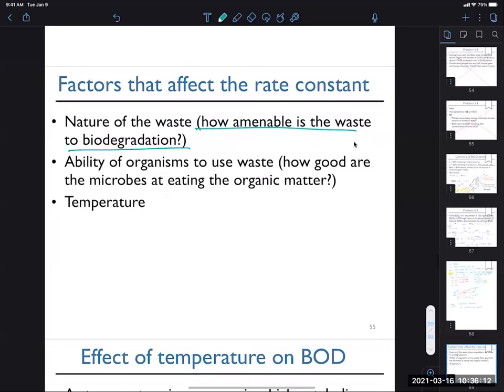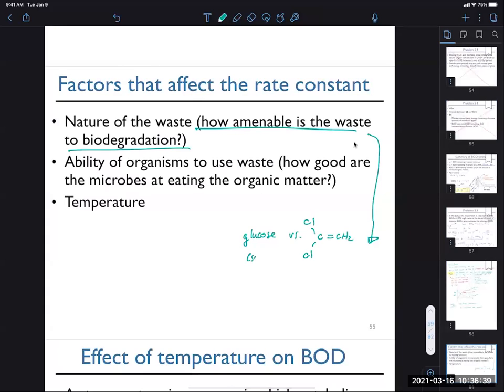So I don't have this organized maybe as well as I'd like, but for example, if I compare something like glucose versus, I'm going to pick an example that might not make a ton of sense to you guys, but I'll explain it. So glucose versus this halogenated organic compound.